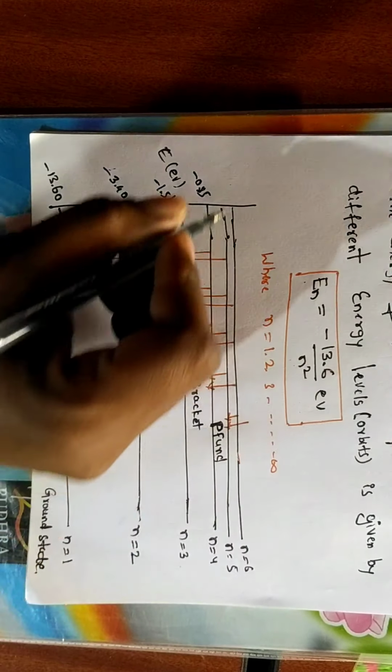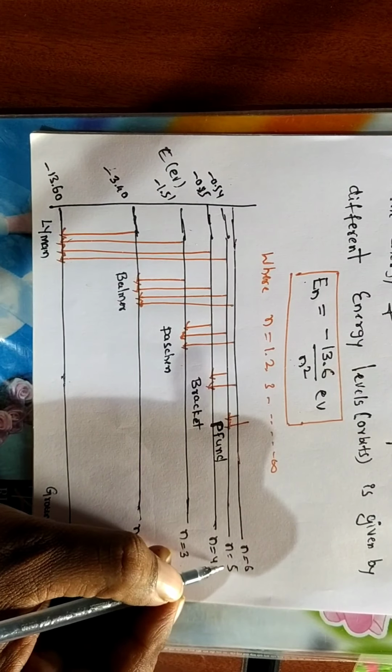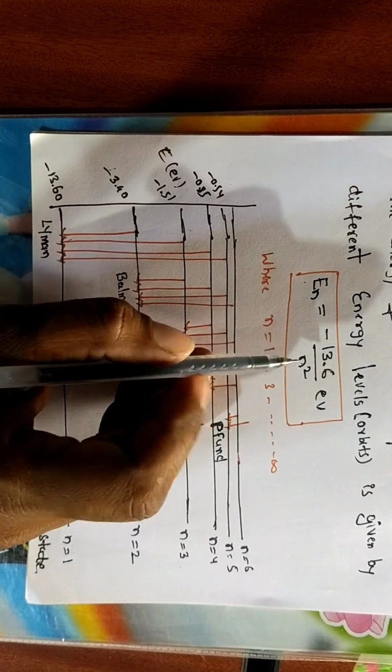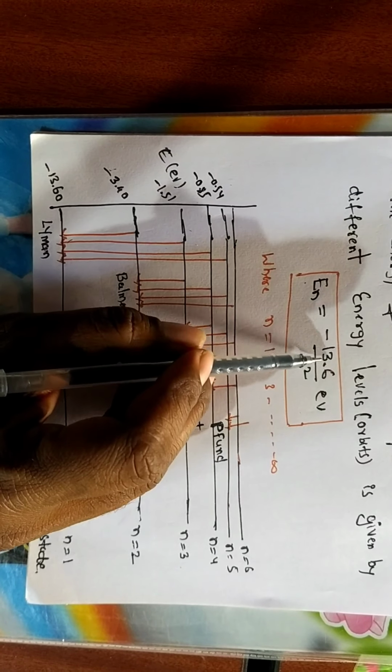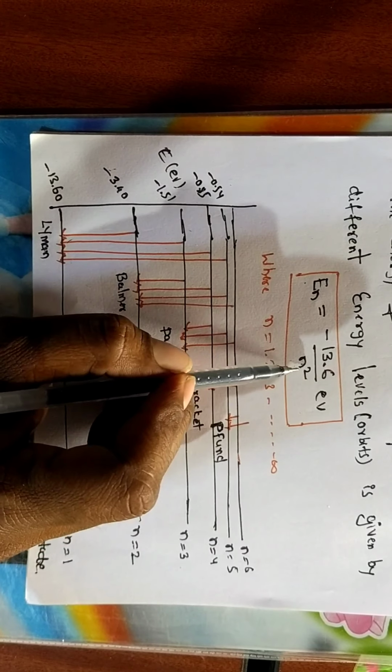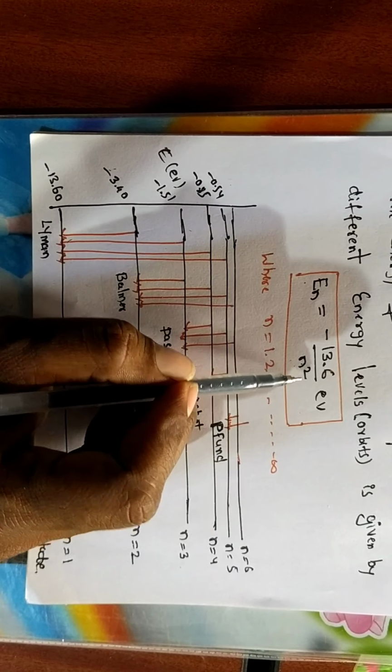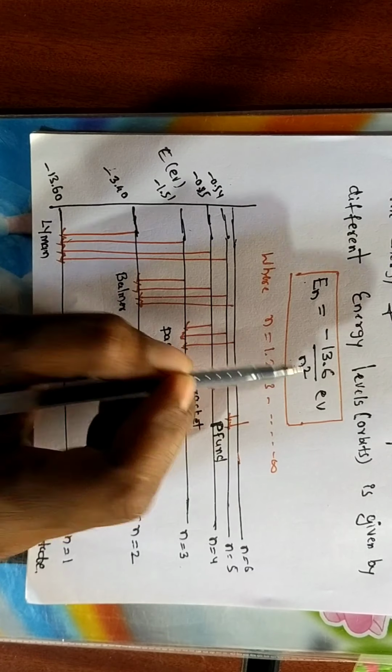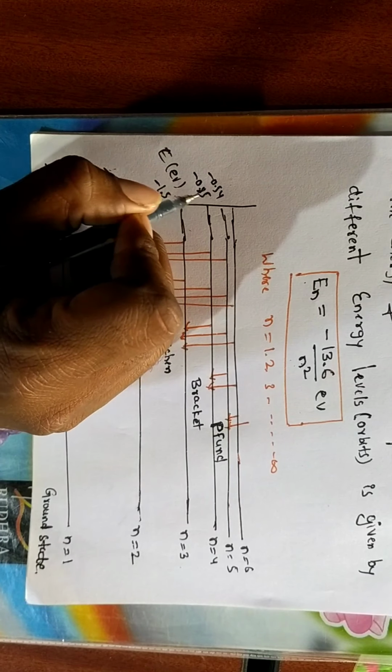And the fifth one, 5 square means 25, minus 13.6 divided by 25, its answer is minus 0.54.